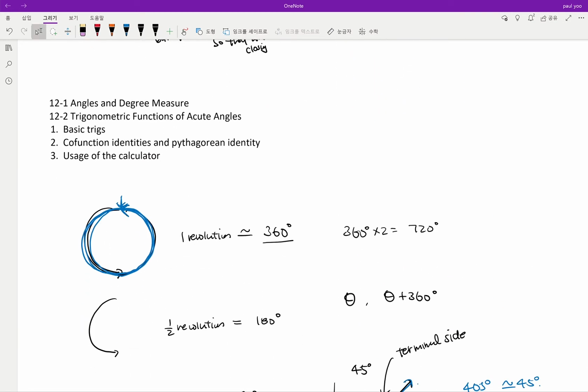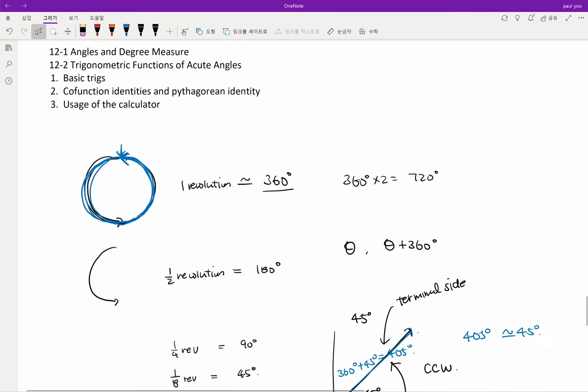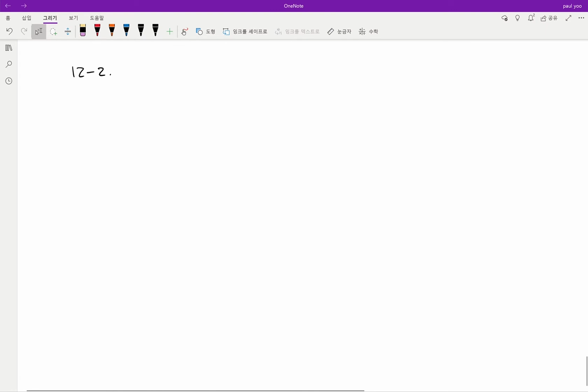The basic trigs, cofunction identities, and the Pythagorean identity. So you will see the terms sine, cosine, tangent, secant, cosecant, and cotangent.